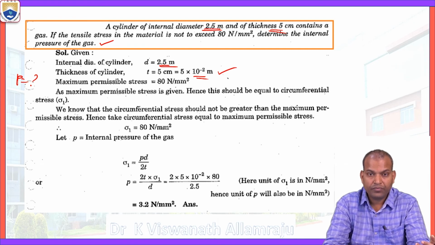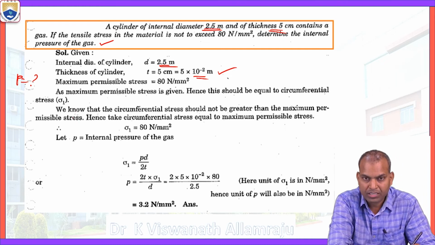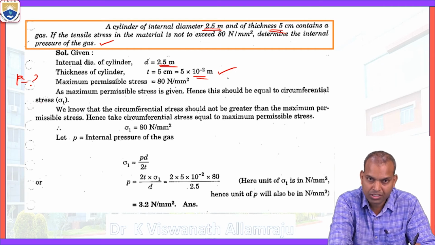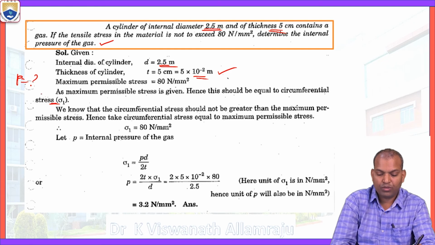Why? Because half of the circumferential stress equals the longitudinal stress. That is why we consider the maximum permissible stress value to be the circumferential stress, sigma 1.